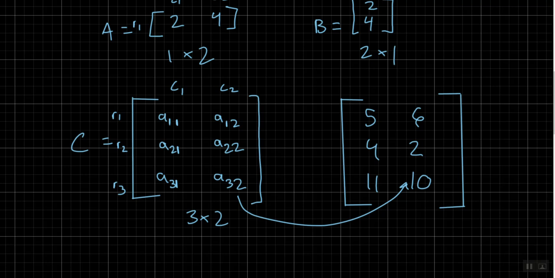What is A sub 1,1? 5. What's A sub 2,1? 4. What's A sub 1,2? 6. A sub 2,2? 2. A sub 3,1? 11. A sub 1,1? 5. Okay, that's basically what a matrix is.